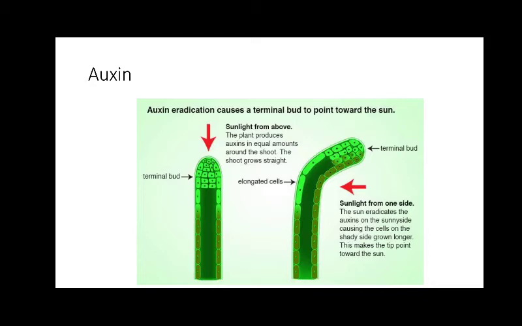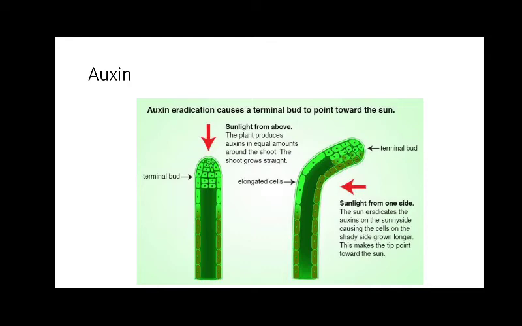Like for instance, this is a scenario kept here. Auxin irradiation causes the terminal bud to point towards the sun. We have all heard about it, isn't it, that if a growing seedling is kept in a darkened room with a pinpoint source, one single source of light in one corner, the plant shoot always tends to move towards the source of light.